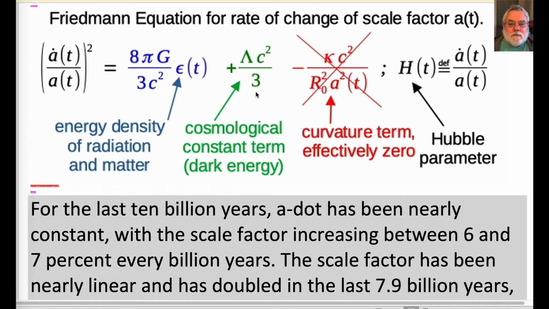About 3.6 billion years ago, the matter energy density fell below the dark energy density, and since then, the dark energy density has dominated the expansion of the universe. You might have read that dark energy is a repulsive force, repelling galaxies away from one another. That is not the way to think about dark energy.